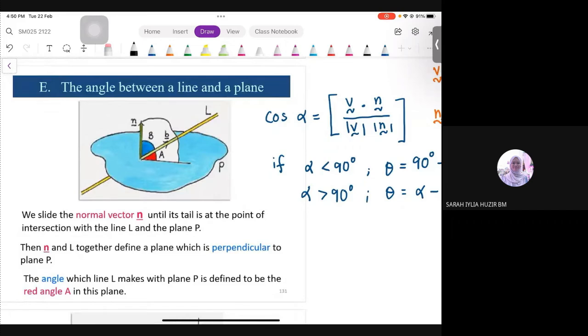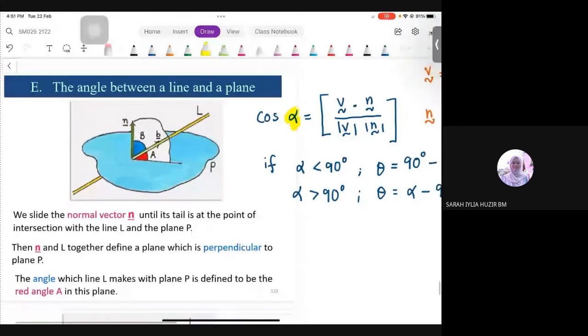Moving on to the second thing, finding the angle between a line and a plane. Our formula still uses the same formula, the dot product between two vectors divided by its magnitude, but here I will use a different notation: alpha instead of theta.